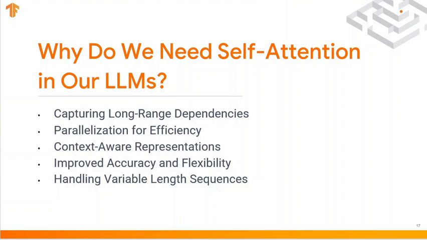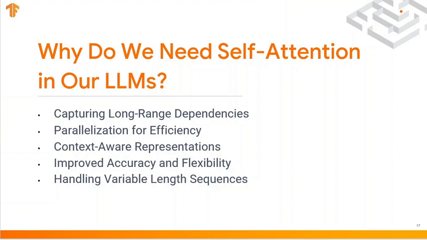So this large language model is backed by the transformer architecture, and this transformer architecture has the self-attention mechanism that makes it a context aware representation. Improved accuracy, yes, accuracy is improved, and flexibility is also improved by getting more contextual awareness. It is generating more context aware output for your responses.